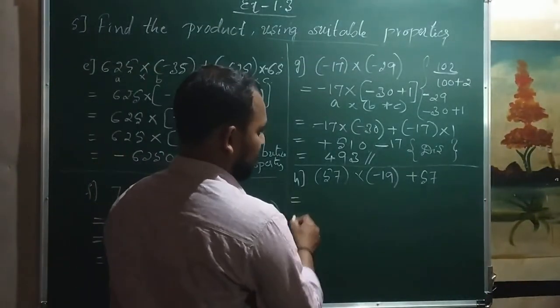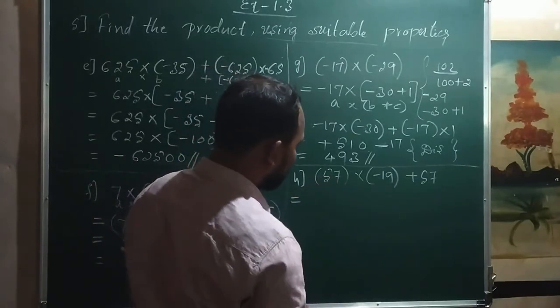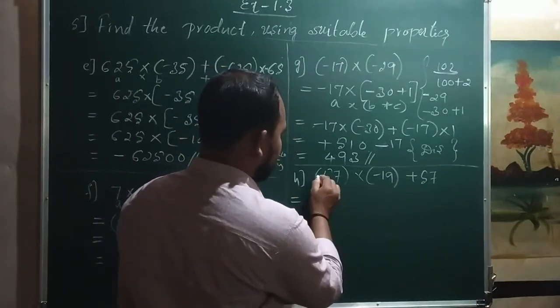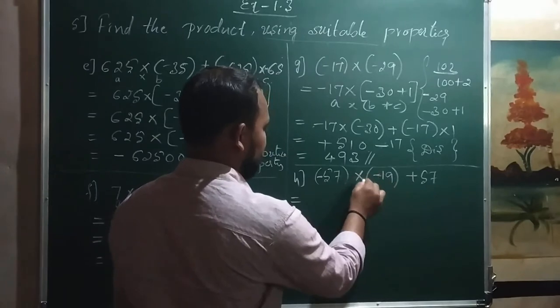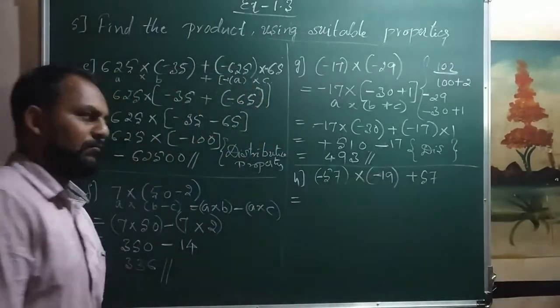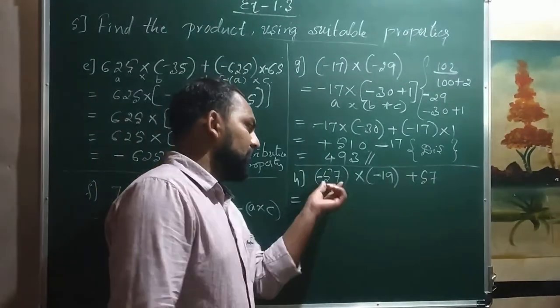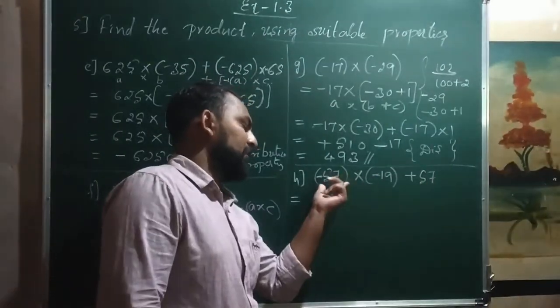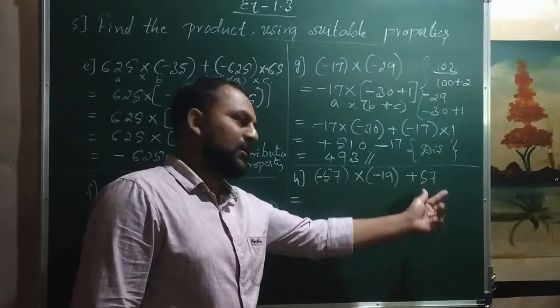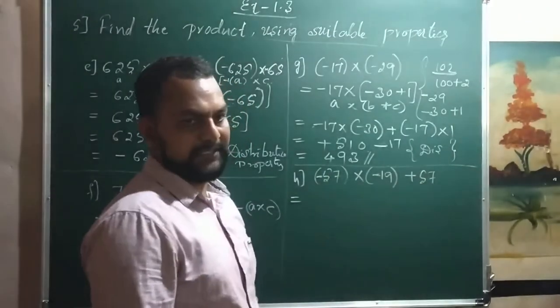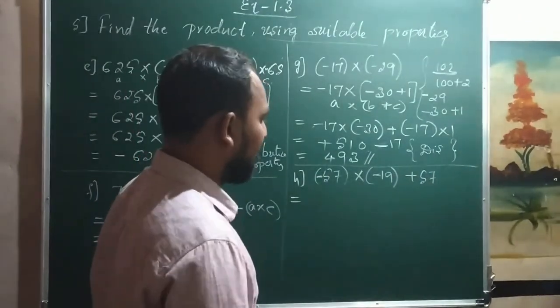The next one, here minus 57 and minus 19. We know that here the same values, minus 57 and plus 57.